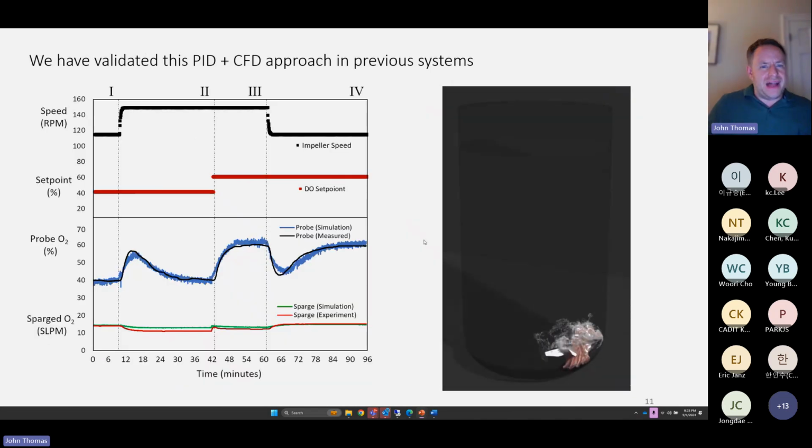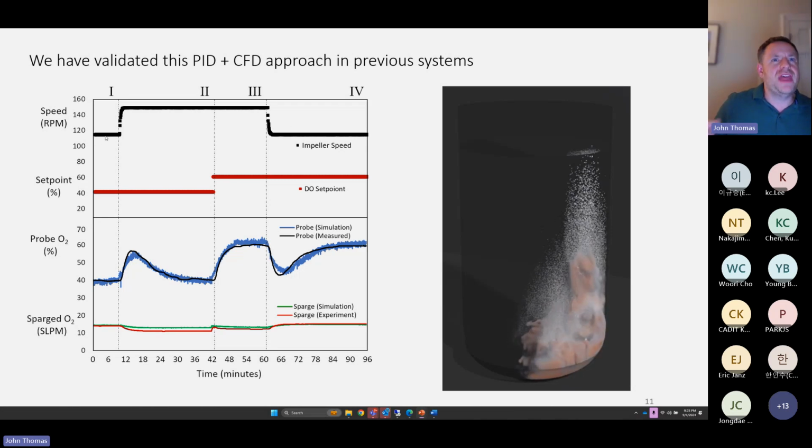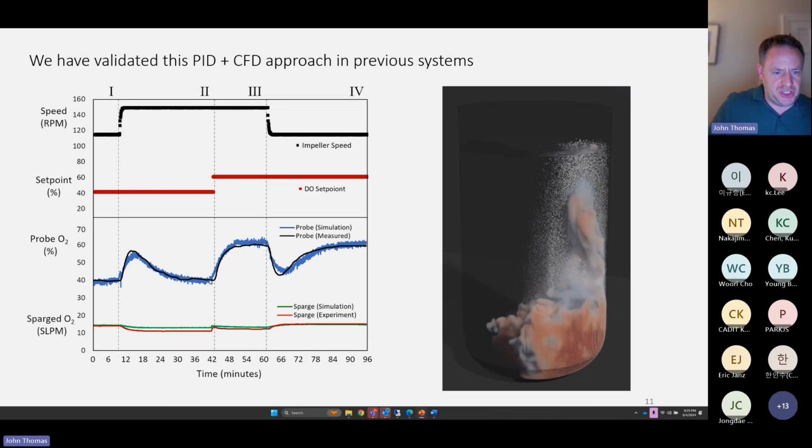Importantly, we validated this kind of PID CFD in previous systems as well. This is very compelling, and I want to show you how we validated this against measured data from Bristol Myers Squibb. In this particular test, they wanted to understand how changing things like the impeller speed and the DO set point changed the response of the system.